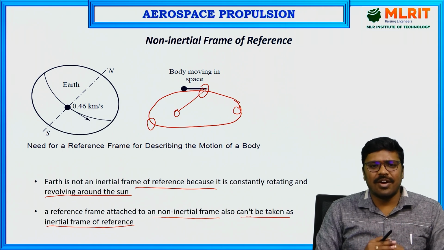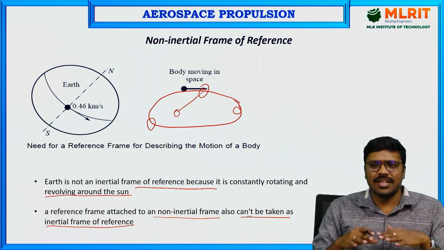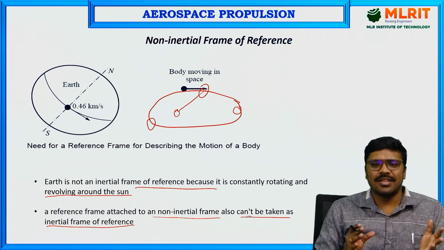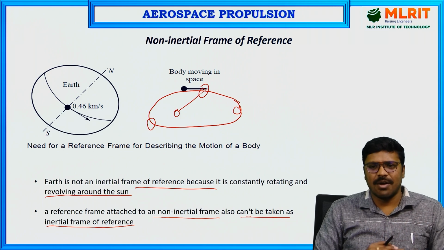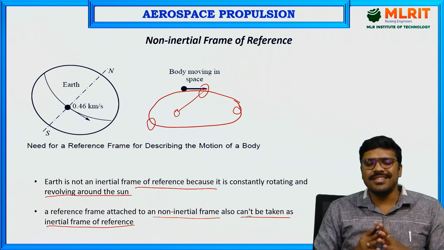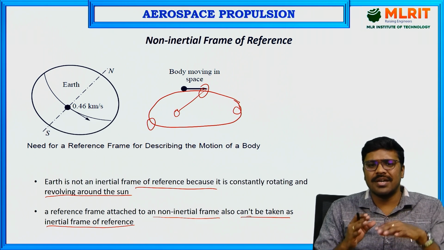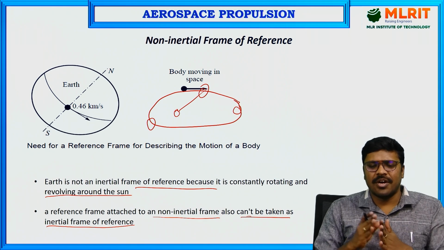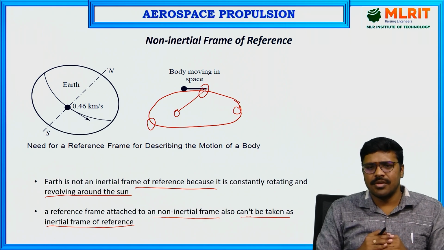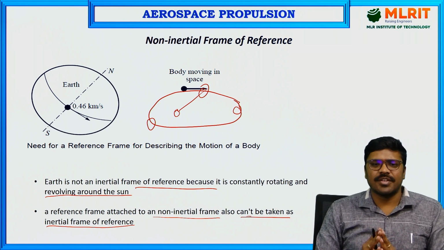But what we generally do is this: if you do any calculations within the earth's surface or in the earth's atmosphere, we consider the earth as an inertial frame of reference up to some extent. But if you go to space, then the earth is a non-inertial frame of reference. If I want to calculate the motion of bodies in space, if I want to send a rocket to the moon, then I have to consider the earth as a non-inertial frame of reference.